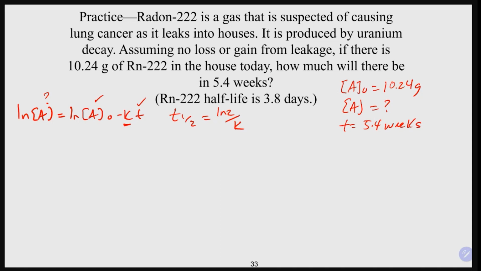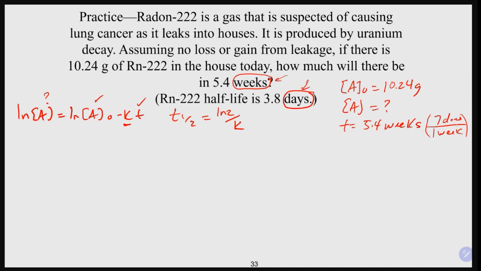We do have some unit issues here. We have this time in weeks, and this one's in days. At some point, you have to do a conversion. I'm going to leave this in days, but convert my weeks into days so everybody is in the same units. If you did not do that, you're going to be off because your units won't be the same. In 1 week, there are 7 days.